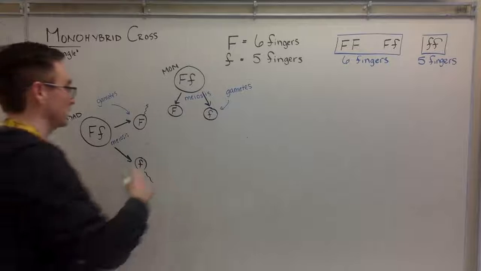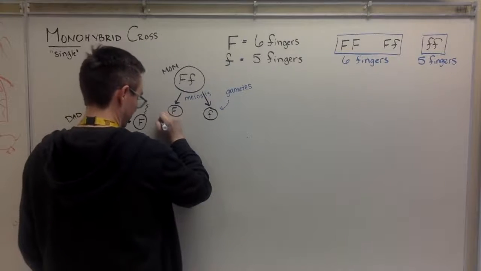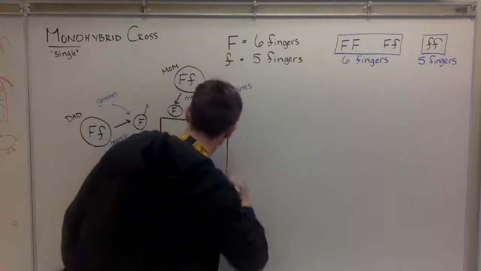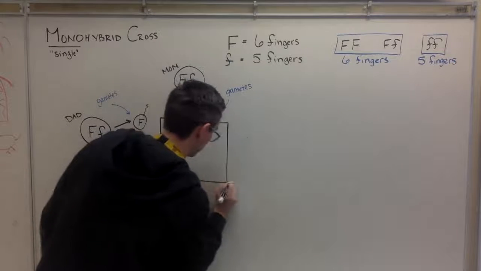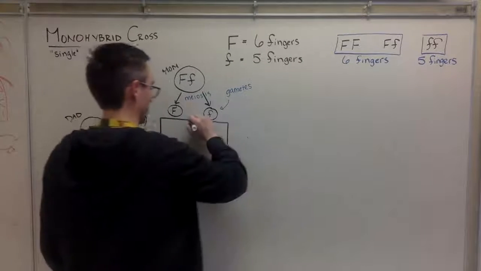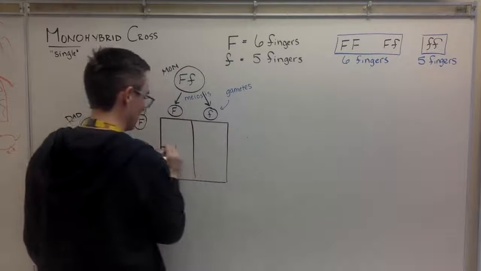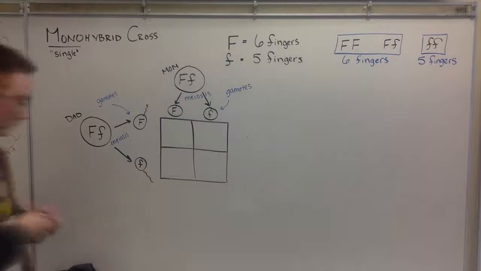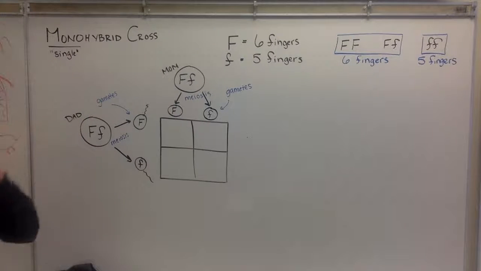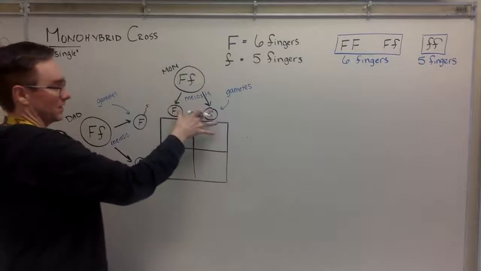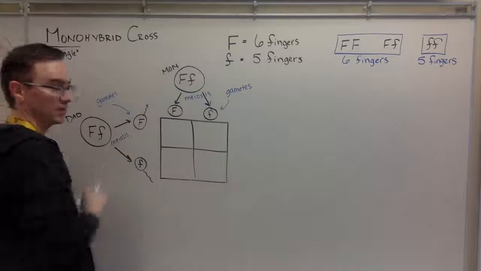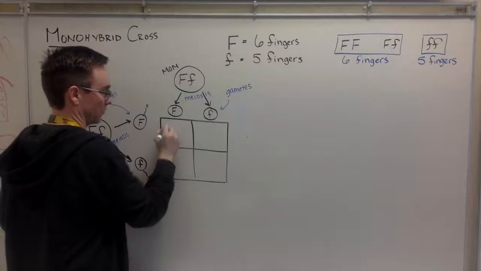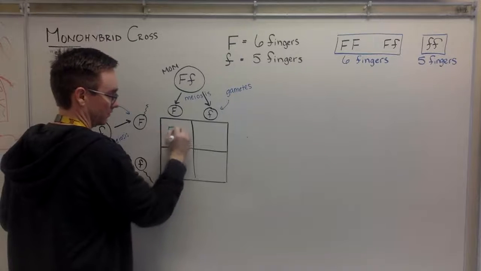And so the best way to do that is to make a grid, to see all the possible combinations here. Now that we have mom's gametes on one side and dad's gametes on the other side, we just see, okay, big F, we're going to end up with a homozygous dominant here.